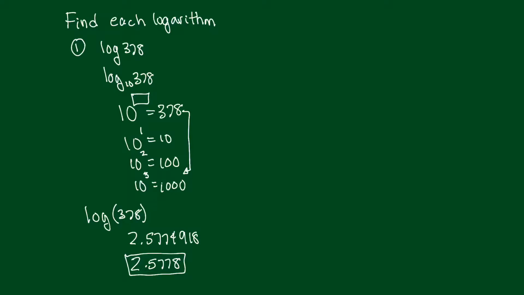So what we're saying then, I'll write it right up here at the top, that the log base 10 of 378 is about 2.5778, which means the logarithm is the exponent. This is the exponent that you would put on 10, 2.5778, to get you to 378.